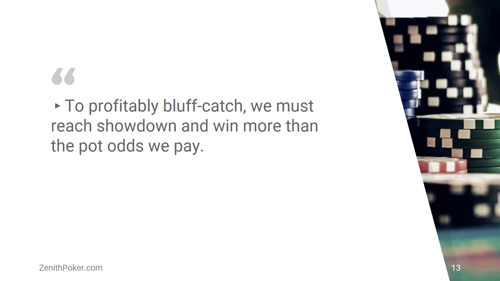And often the case, no, it isn't, right? If against a half pot bet, you're paying pot odds of 25%, but you only manage to get to showdown and win 20% of the time, it's not there for you. Okay.